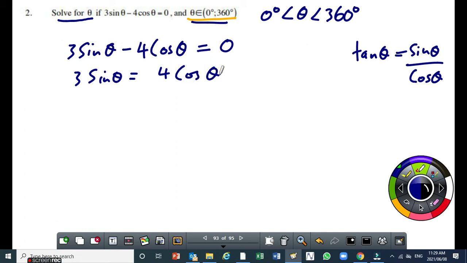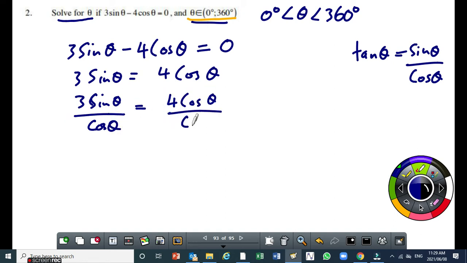Then the next thing now is to divide both sides by cosine of theta. So if I do that, I'll get 3 sine theta over cos theta equal to 4 cos theta over cosine of theta. This part here on the left will give us tan.